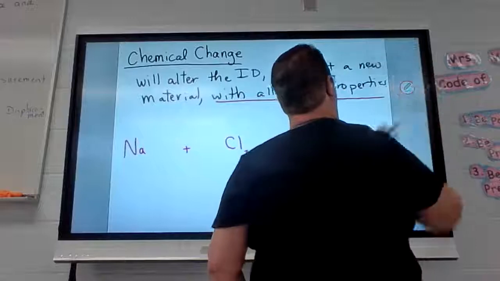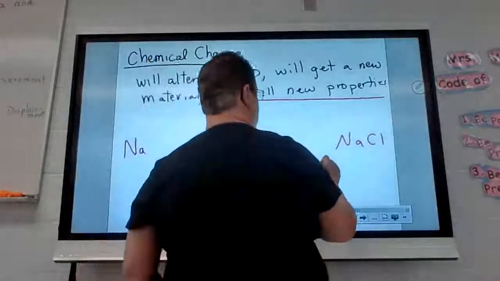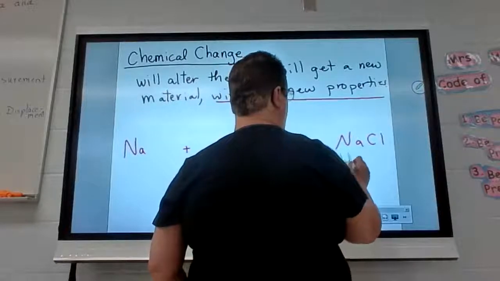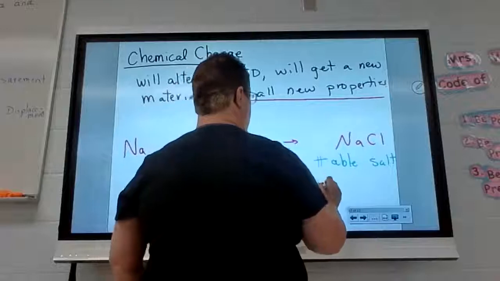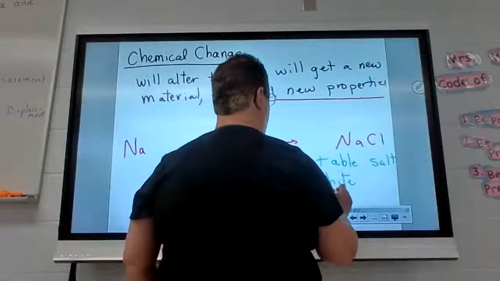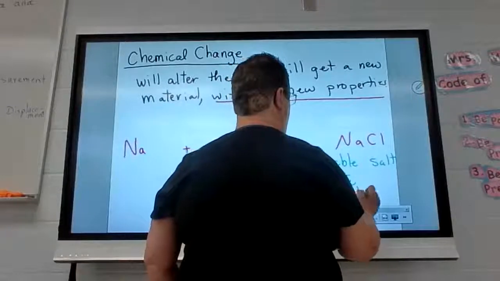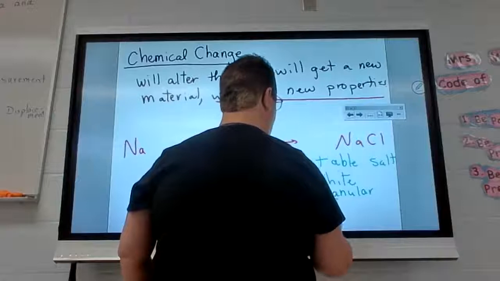Now, can somebody tell me what NaCl is? It's salt, okay? Just plain old table salt. Show me what it looks like. Okay, it's a white, granular, okay, it's a solid.